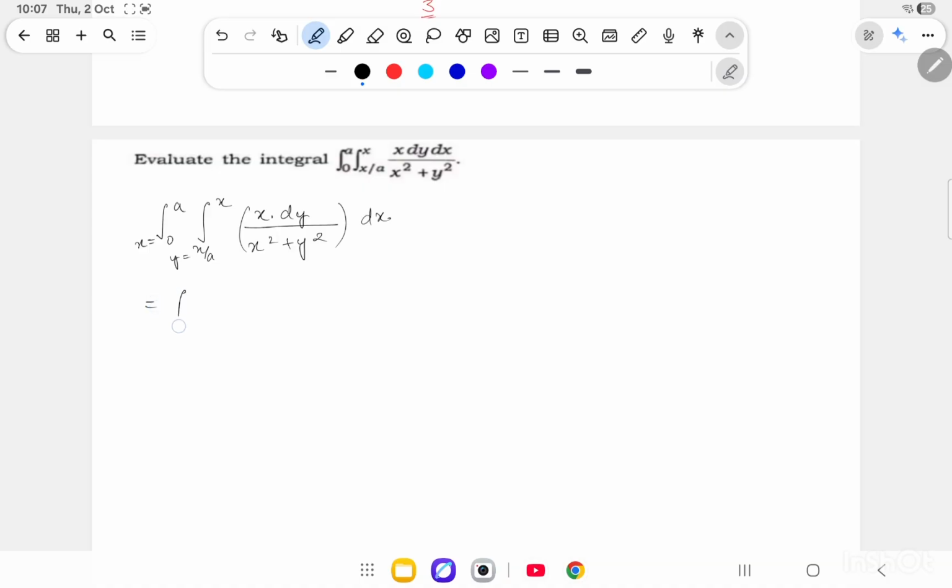So it will be integration from 0 to a, x times tan inverse y by x into 1 by x, with limits varying from x by a up to a.